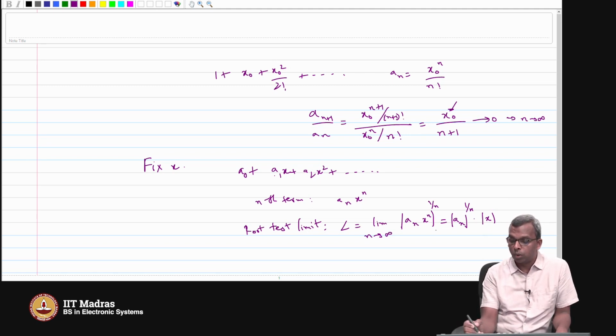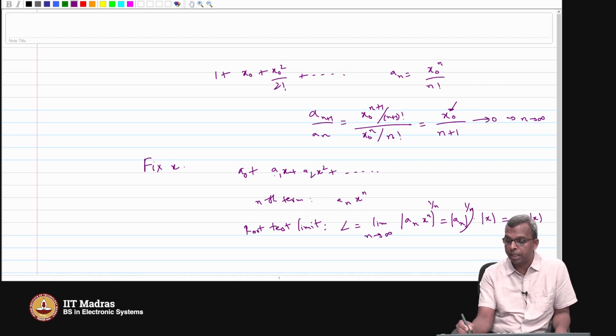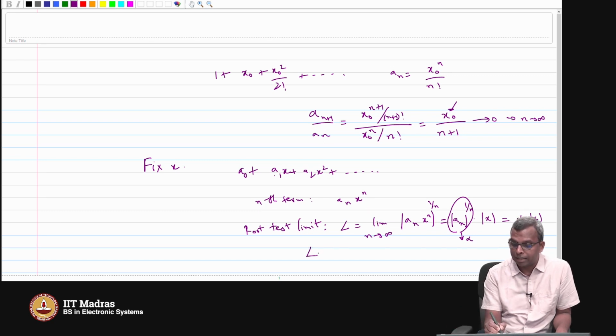Now, this is alpha times mod x, because the limit of a n to the power 1 by n tends to alpha, by assumption. So if L is less than 1, which is the same as mod x less than 1 by alpha, the series converges.